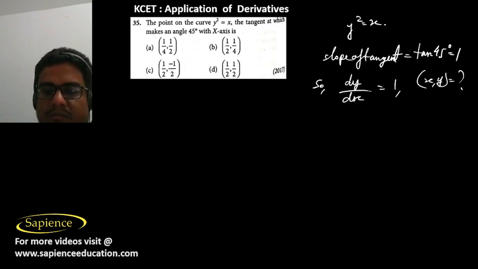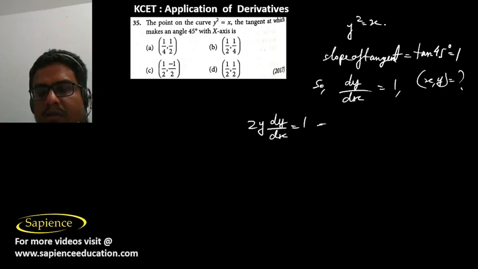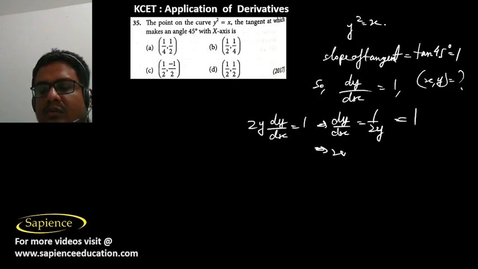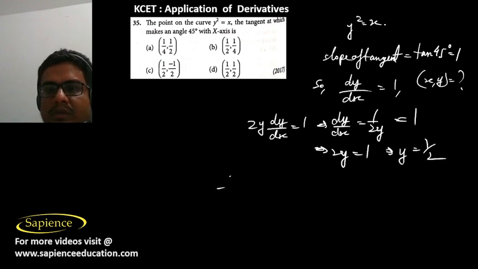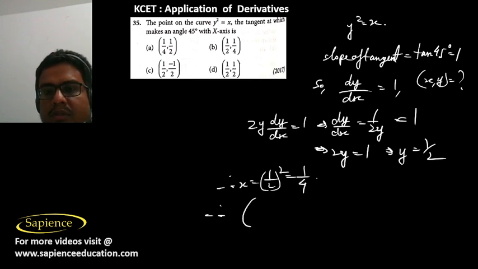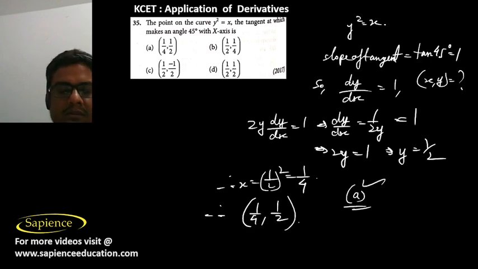So here if we differentiate both sides with respect to x, we get 2y dy by dx equal to 1, that should be equal to 1, so 2y should be 1, y is 1 by 2, then x will equal 1 by 4. The required point is 1 by 4, 1 by 2. Option A is the correct answer.